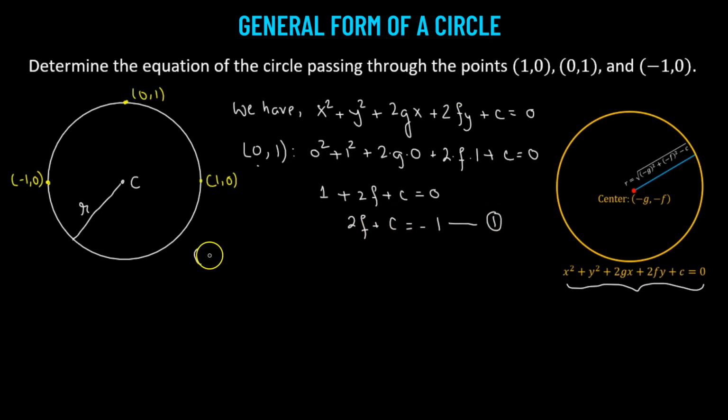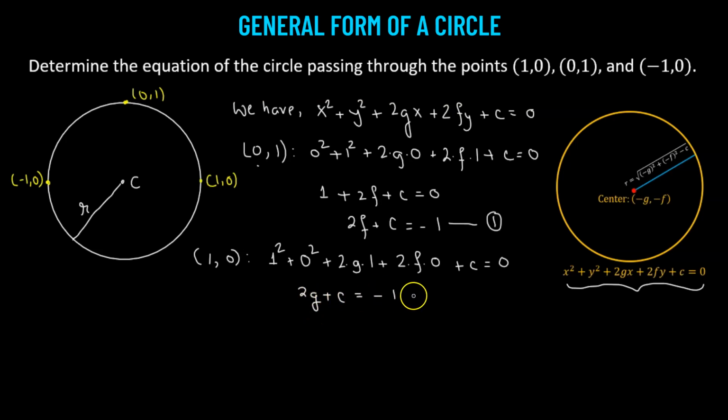Next, the point (1, 0) also passes through the circle, so this point is going to satisfy the equation of the circle. So we have 1 squared plus 0 squared plus 2 times g times 1 plus 2 times f times 0 plus c equals 0. Simplifying this, we get 2g plus c equals -1. That's going to be equation number 2.